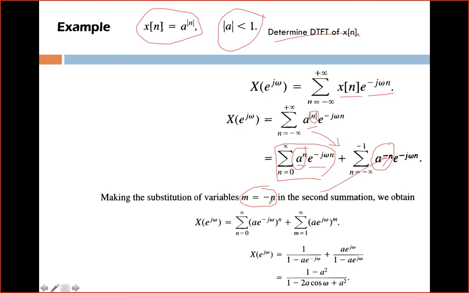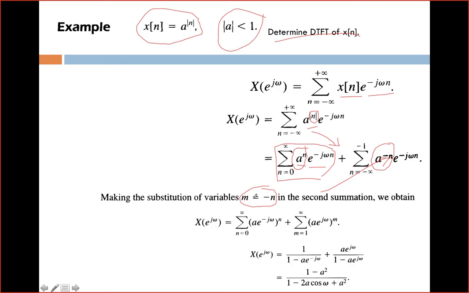When I substitute m equal to minus n, the limits change to 1 to infinity, and a power minus n becomes a power m. That's it. I have not done anything else; I have simply substituted m equal to minus n.